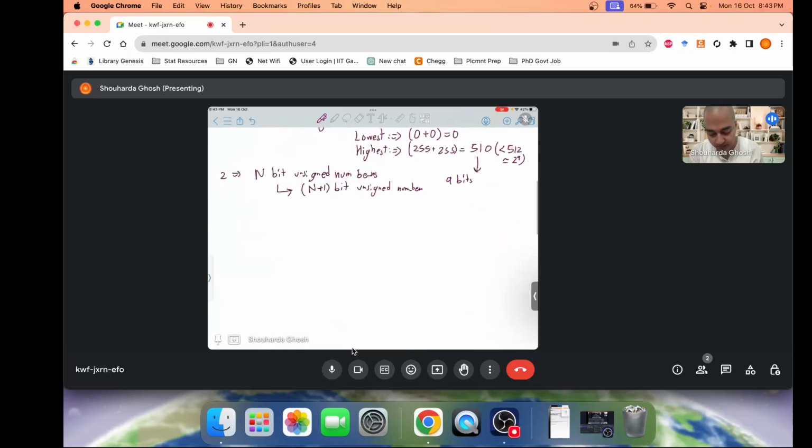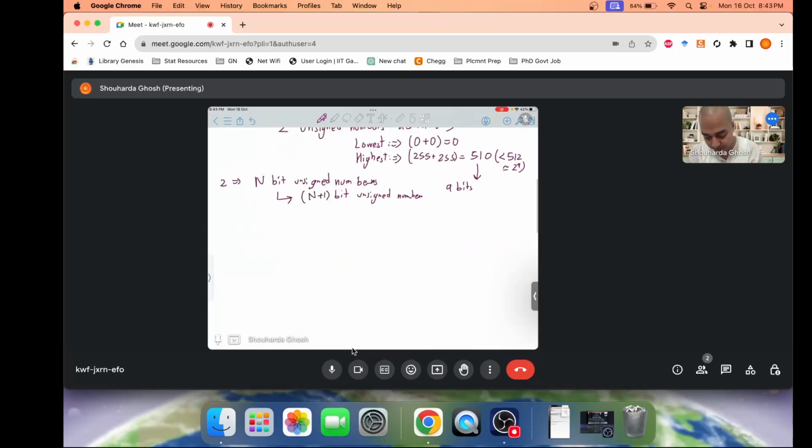Now we deal with signed numbers, and we frequently come across them. For example, the voice that you are hearing will actually be represented using signed numbers, and we will be talking about 2's complement representation.